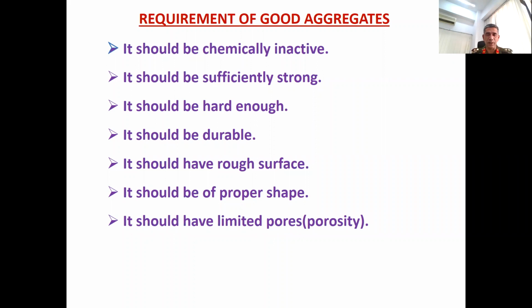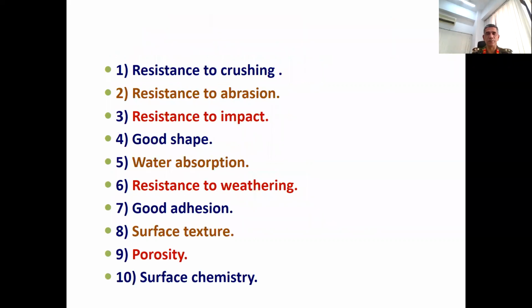Now, if the aggregate is porous, some of the water will be absorbed in the pores of the aggregates, and you will not have enough water to make the chemical reaction between the cement and the aggregate, to make the bond.